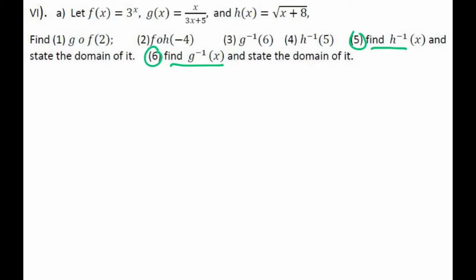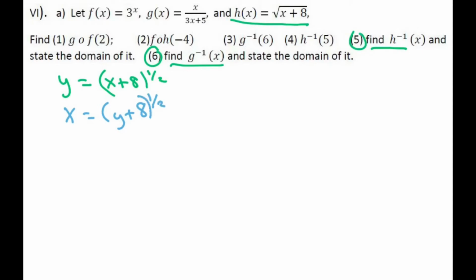So when we do h inverse, I'm going to rewrite this with a y. I'm going to write this as x plus 8 to the 1/2. First of all, we have to switch the x and the y's. So y plus 8 to the 1/2.